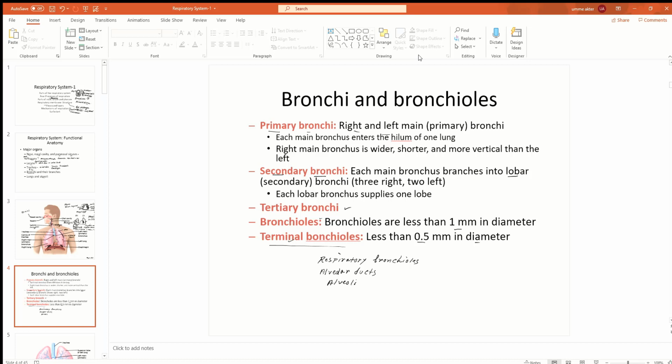Okay, so these three are after the terminal bronchiole. Now, these three are very important.